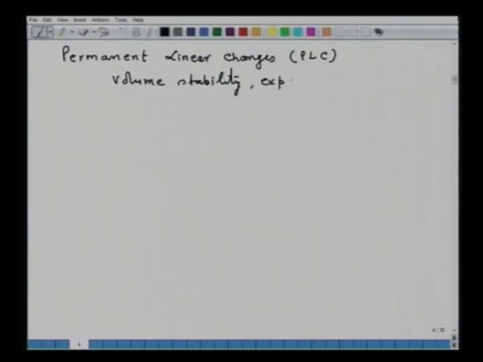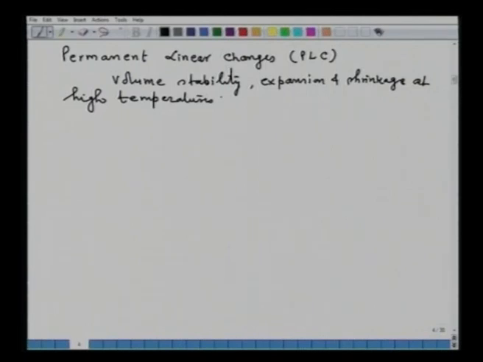expansion and shrinkage at high temperatures.